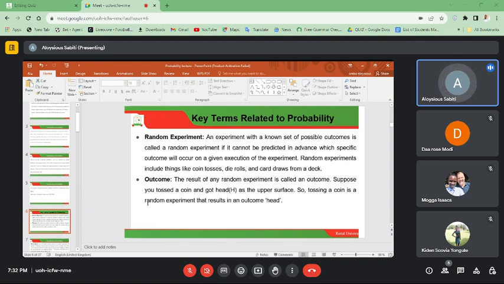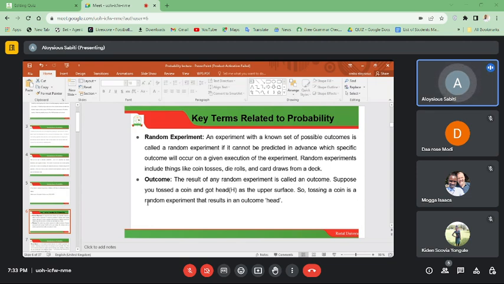Two is the term outcome. The result of any random experiment is what we call an outcome. When you toss a coin, for example, you can either get a head or a tail. The head is the upper surface. So tossing a coin is a random experiment that results in an outcome called a head.